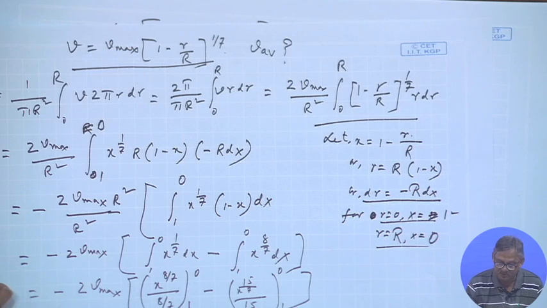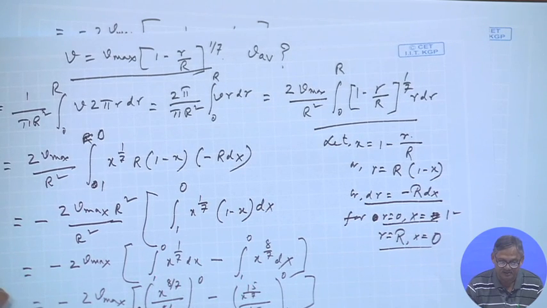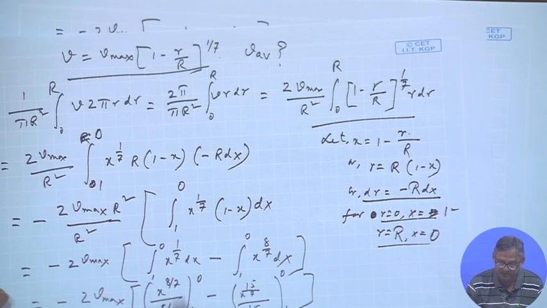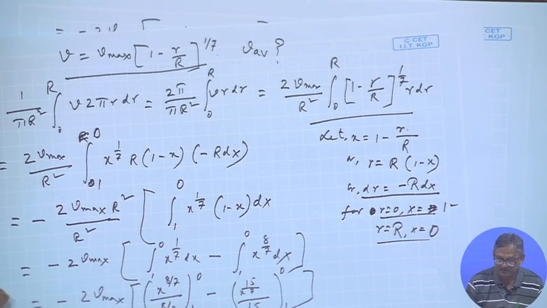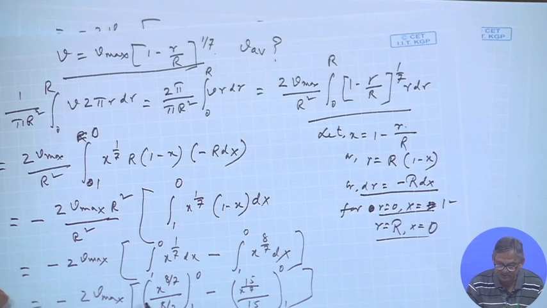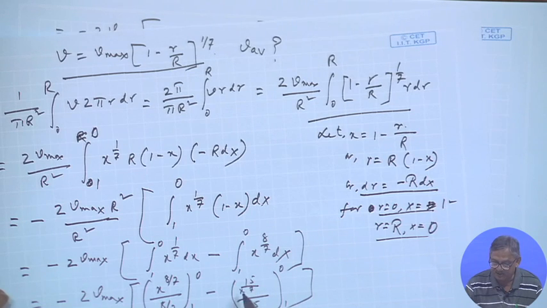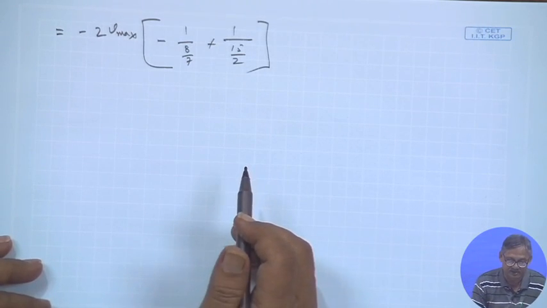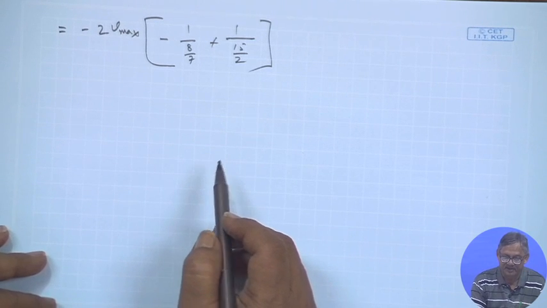When x is 1, automatically a minus comes in. When x is 0, this is 0, so 1 minus 1 by 8 by 7, and this is minus 1 by 15 by 7.